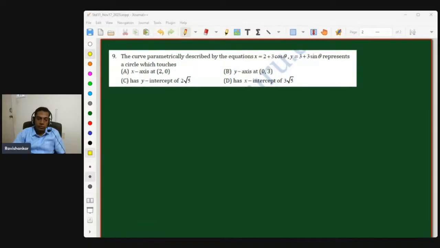Okay. So well, it's a direct application in the sense that you can find the equation of the circle directly.